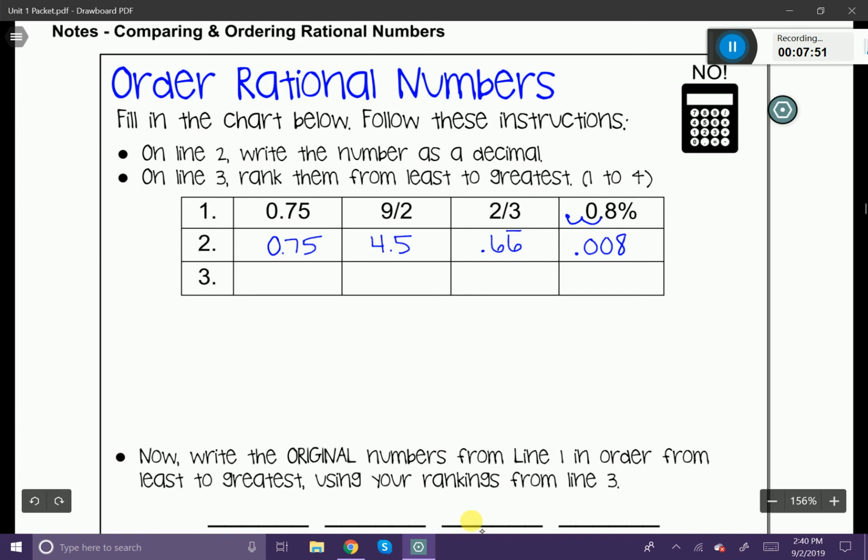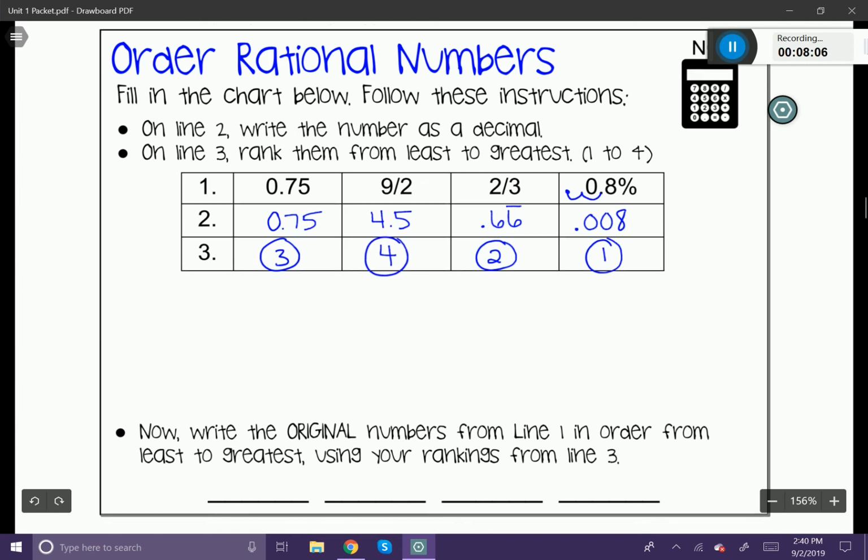So now I have my 4 numbers and I need to order them from least to greatest. So I can see that the number here is going to be my least, so I'm going to put a 1 there. My next number would be my 0.66 repeated. That's going to be my 2, my 3, and my 4 from least to greatest. Now, anytime you're doing a problem like this, you have to write the original numbers from line 1 in order from least to greatest.